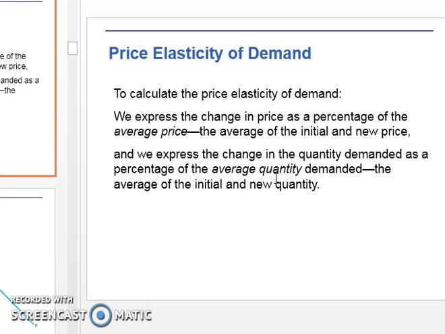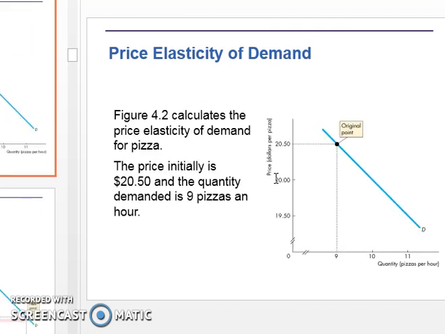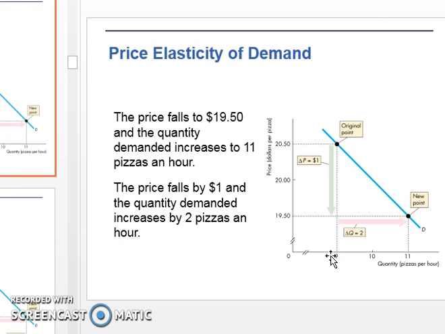So for example, when the price of a pizza is $20, the quantity at this point was 9. Now the price of pizza falls from $20.50 to $19.50, and the quantity purchased by the consumer increases from 9 to 11.